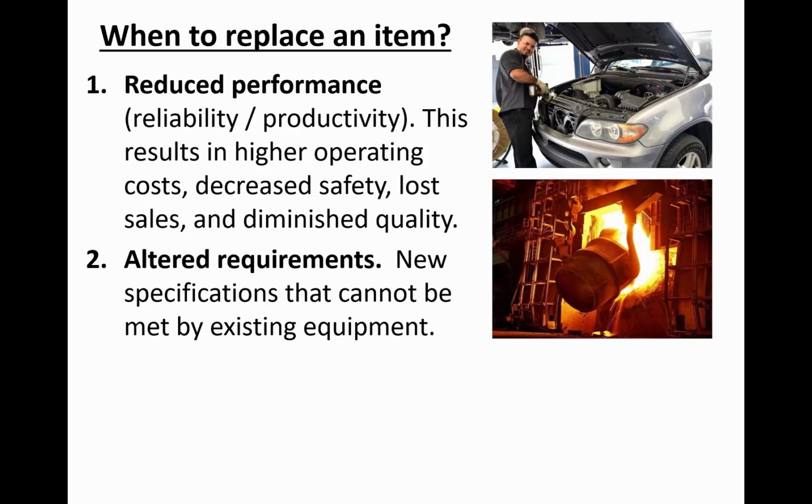So let's say that over time, it could be computer hardware, it could be machinery, but there's lots of examples of when physical equipment needs to be replaced because the requirements out there, it could be standards or just what the market is interested in purchasing. Things have moved on and the old equipment simply can't do the old task. So that's another example of why you may need to replace an item.